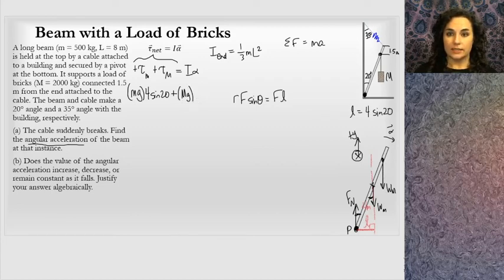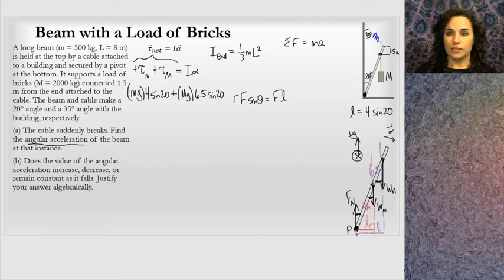Here's its lever arm, right from right here. There's the lever arm for the weight of the bricks. It's a distance 6.5 from the pivot point. Its lever arm is opposite the angle given in the problem, so it will also get a sine term. So this will be 6.5 sine 20.